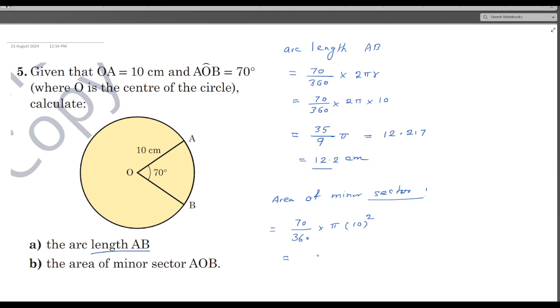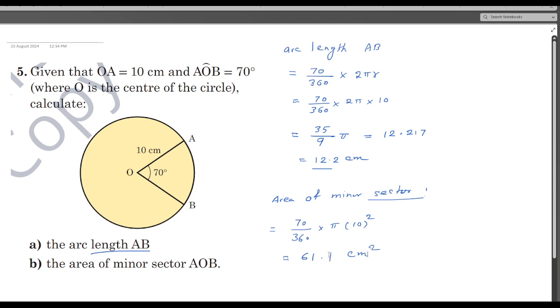So result is 61.08. So I will say that 61.1 centimeter square. So for question number 5, your arc length is equal to 12.2 centimeter and your area will be 61.1 centimeter square.